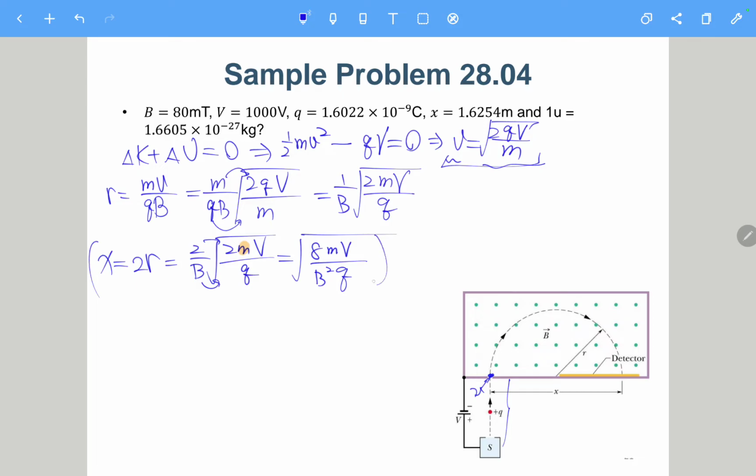Then we will have x squared, and here we don't have the square root. Then finally, we can get m equals x squared B squared q over 8V, like this.